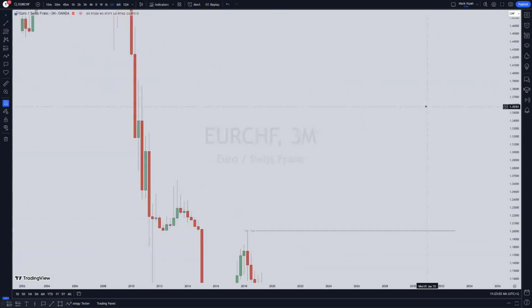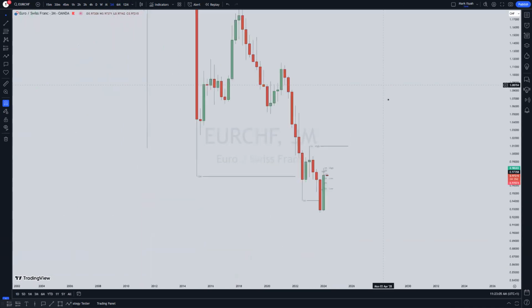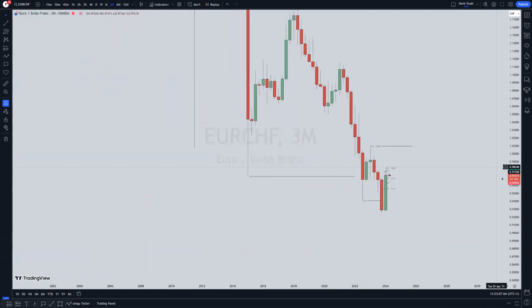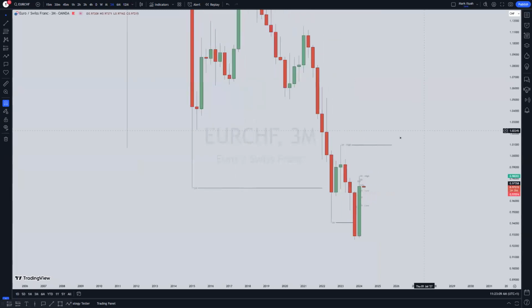And then on the 3 months, what we can see is that it's forming the minor structure to the yearly chart, the 12-month chart, whereby we're forming a continuation setup, a continuation minor structure where we had a low, a high, forming a lower high and then a lower low, where we're having a pullback, then the drop. This pullback that we're having right here was completed in the first quarter of this year.